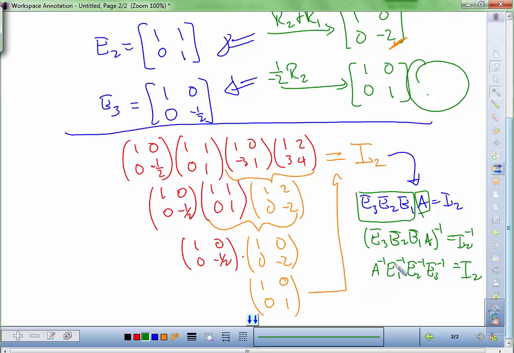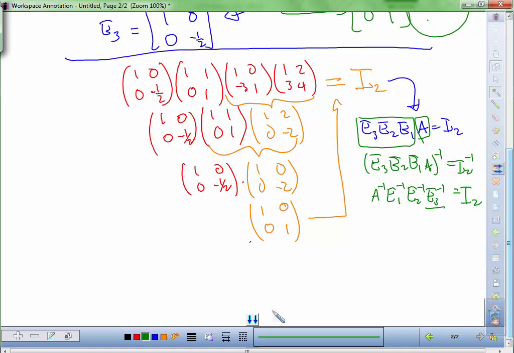Now, I want to bring the E3 over to the other side, so I'd multiply both sides on the right by E3. So this is where it gets more cumbersome than Hal's method. I would say A inverse, E1 inverse, E2 inverse, E3 inverse, and I'll leave some space there, is equal to I2.